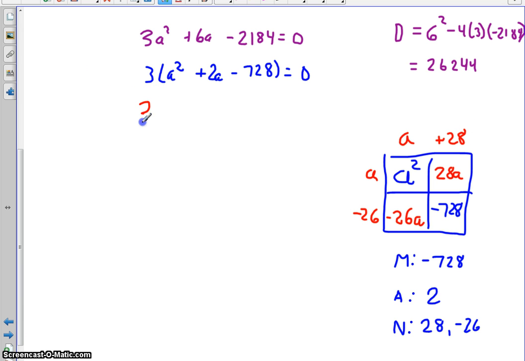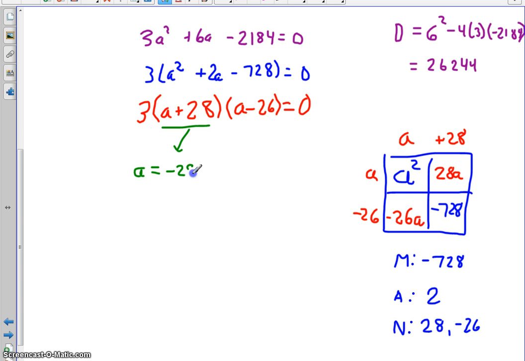Again, if you use quadratic formula, you should get the exact same answers in the end, but it might take you a little bit longer or a little bit shorter, depending how fast you are with factoring. So from here I get two possible answers. From the first factor I get a being equal to negative 28, and from the other one I get a is equal to 26.